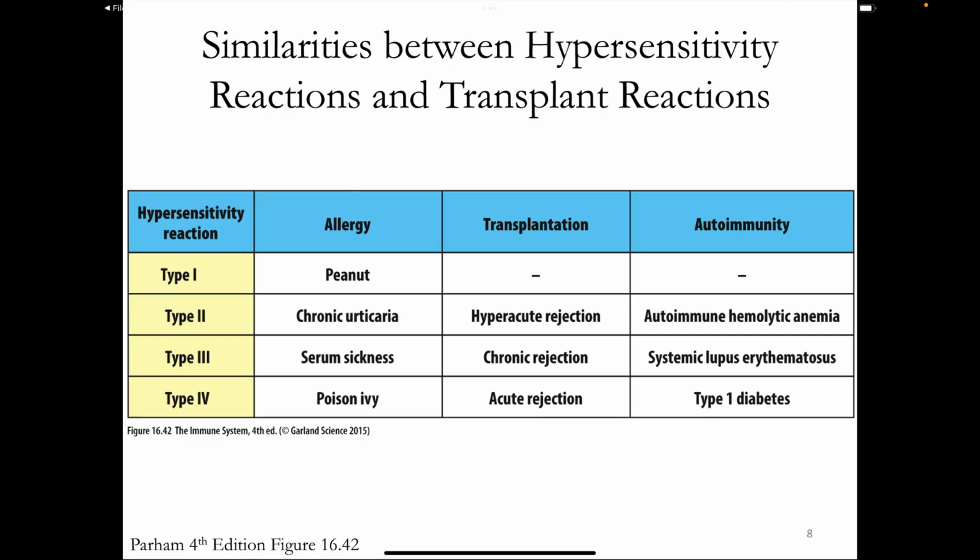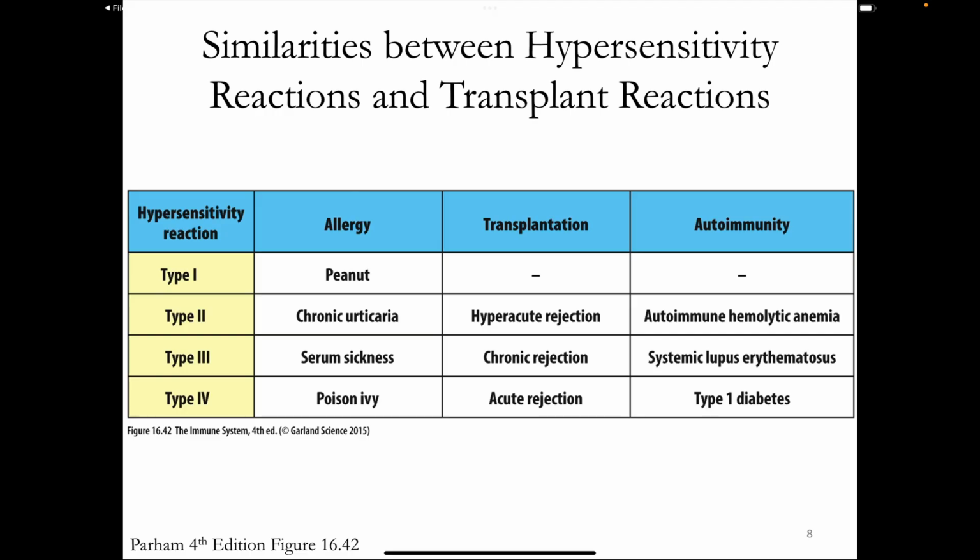However, if the graft does not get rejected by hyperacute rejection in the first week or two, then the next thing that graft is susceptible to is acute rejection. So we're going in order of timing. Acute rejection, as you can see here, is very similar to a type 4 hypersensitivity response.